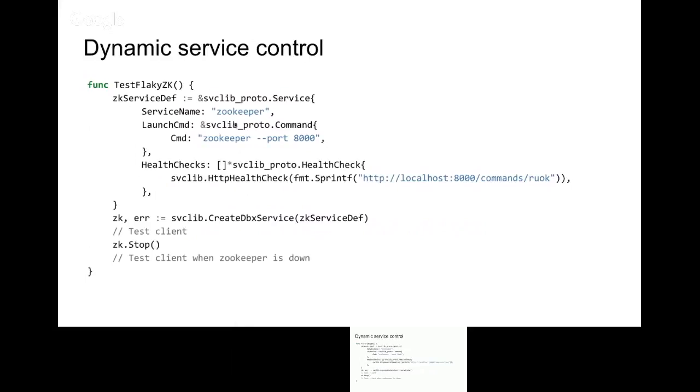So this is actually a protobuf, which is a representation of what is in the service rule in Skylark. And servicelib takes care of talking to the daemon that's actually running all these services, creating the service, and making sure it's healthy before returning. And then with the object that's returned from that, the test is able to start and stop the service that it has created.